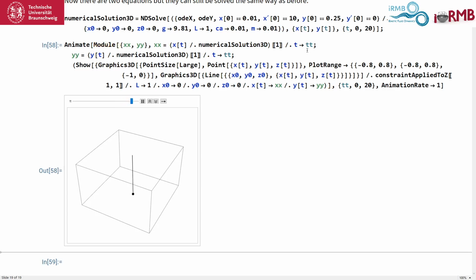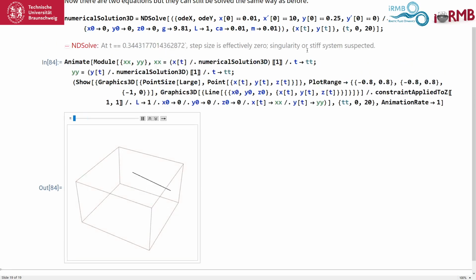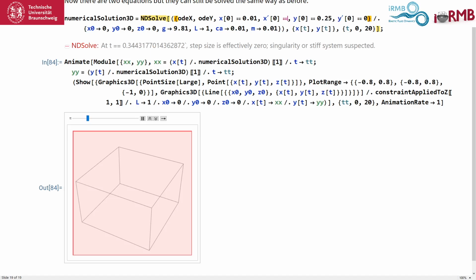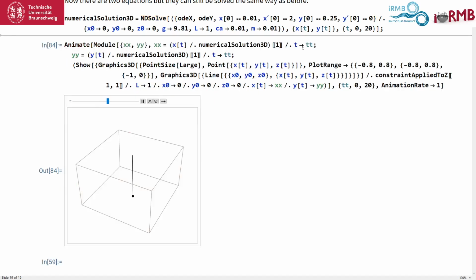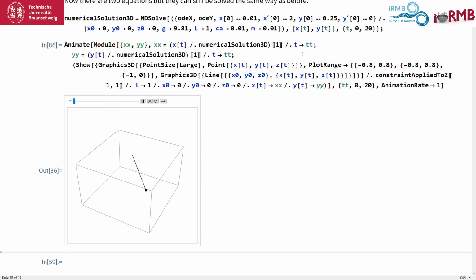Does this do anything? Okay, this was a little... So it runs out of the domain, right? I mean, it's overshooting. Therefore, this didn't work.